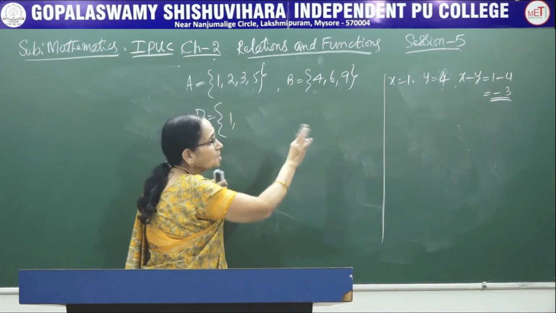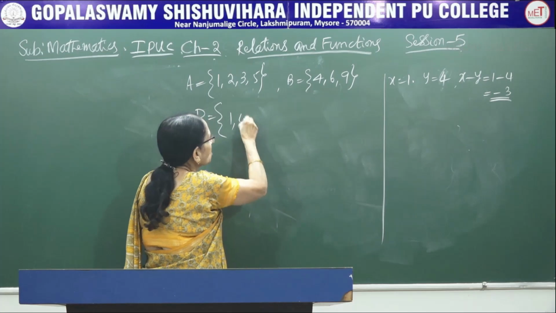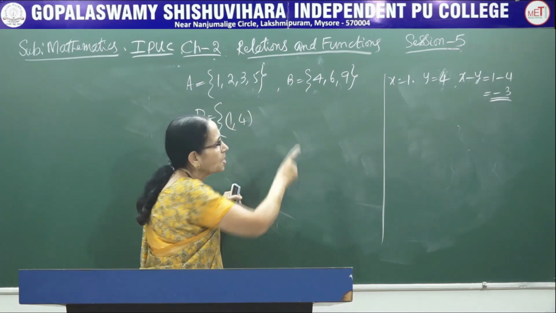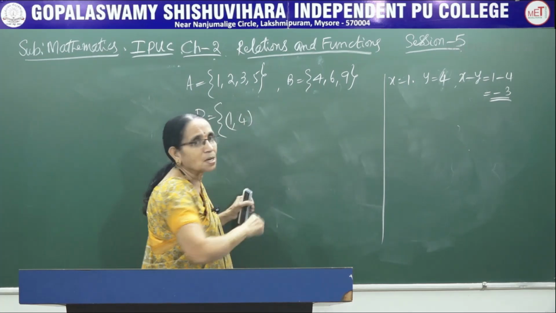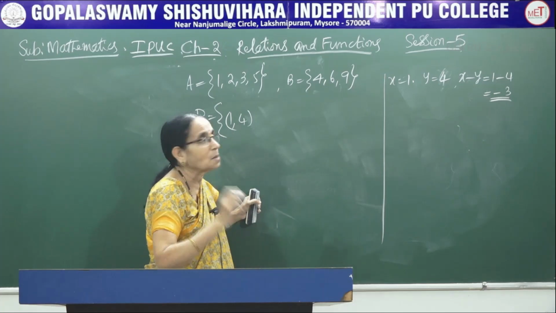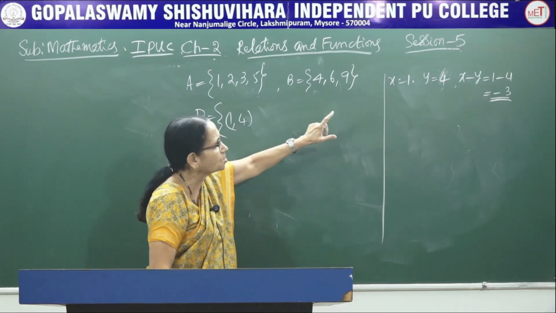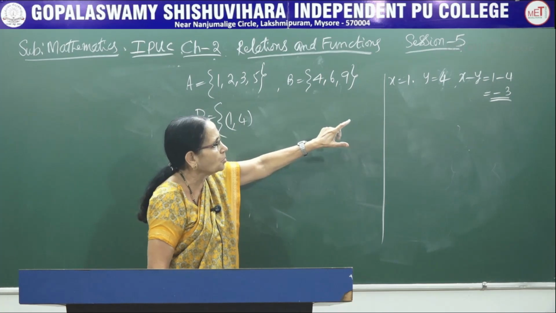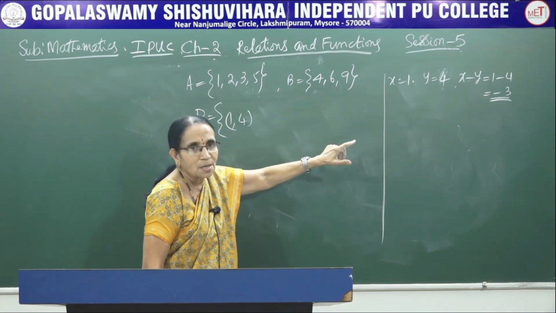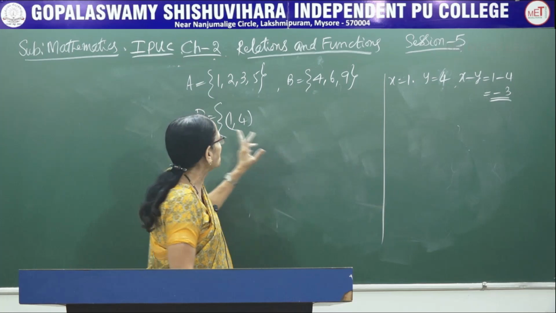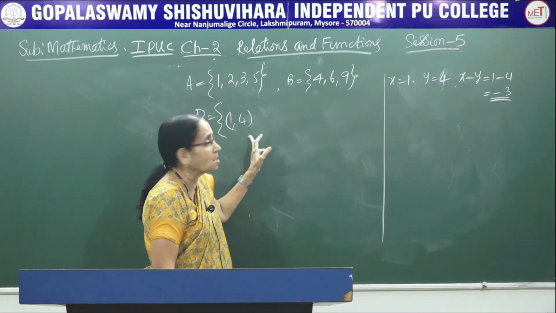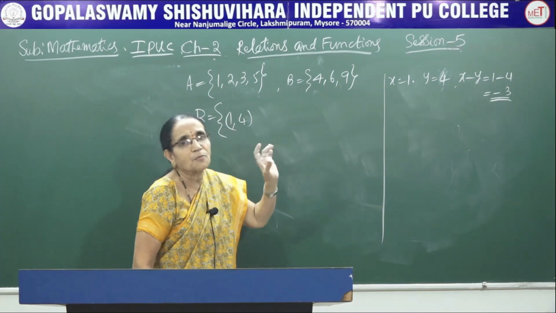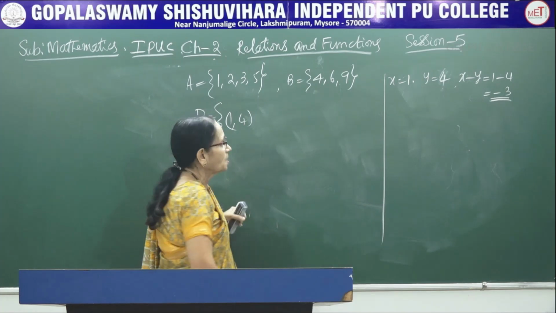Don't write minus 3 here; you can take the combination (1, 4). As soon as you find it, better write it, otherwise you may miss an element. When x is 1 and y is 4, 1 minus 4 is minus 3, an odd number. We have to take only that particular pair of elements.